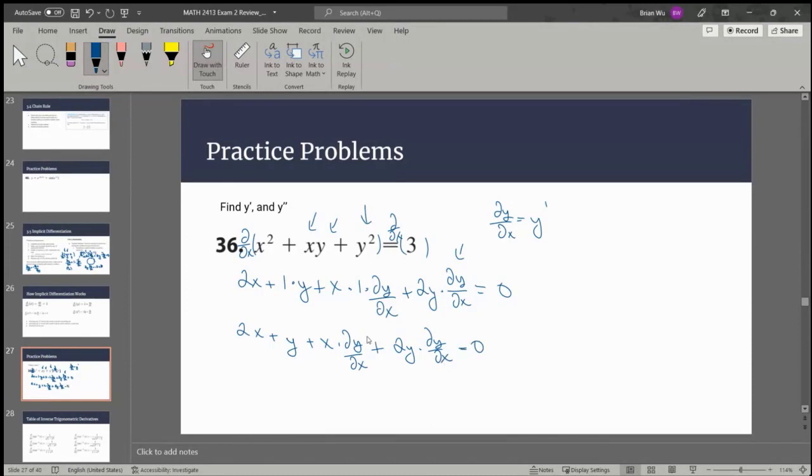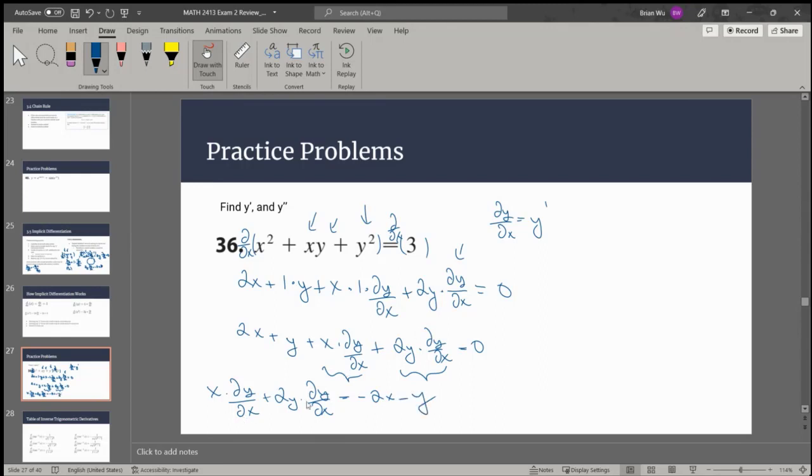And then the third step would be to isolate all terms that have one of these dy over dx onto one side and everything else on the right side, or whatever side you prefer. So in this case, we have these two terms. We're going to keep them here, and then we're going to move these two terms to the right side. So that would be minus 2x minus y.